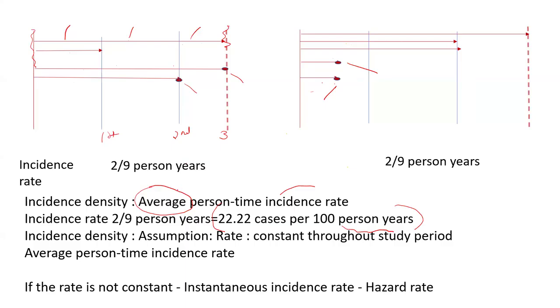Now, this is incidence density because you have person years in the denominator, and this is actually the average person time incidence rate. So the incidence density is the average incidence which is occurring in the period of follow-up. And the assumption you are making when you're calculating incidence density is that the rate of occurrence of these cases is constant throughout the study. Now, do you agree, looking at the 2 scenarios, that the rate of occurrence is the same in the period of follow-up? Yes, ma'am. Actually, if you see very closely, supposing we say these are cases or these are deaths, do you see any difference at the time?